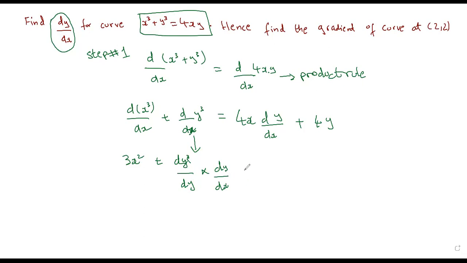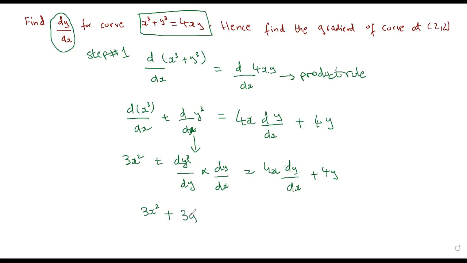And this side would come as it is, 4x dy by dx plus 4y. So we have 3x square. And now what is the answer? What is the simplification of this part? Derivative of y cube with respect to y, 3y squared.